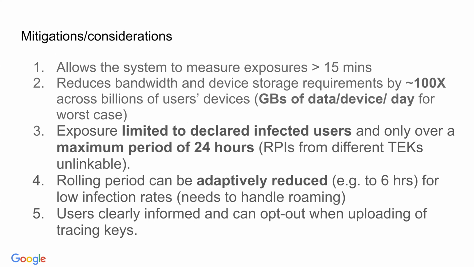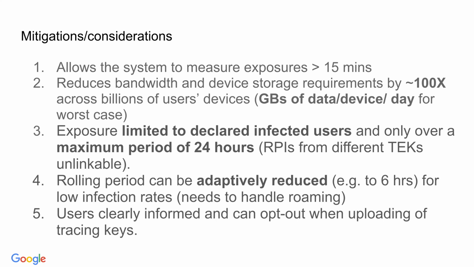And as I mentioned, this is one of the trade-offs that we've had to implement in the design because it reduces the bandwidth usage by approximately 100x. And it also allows tying together exposures of more than 15 minutes, which is important clinically.